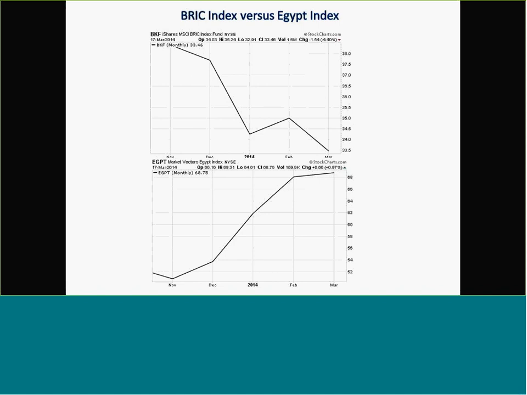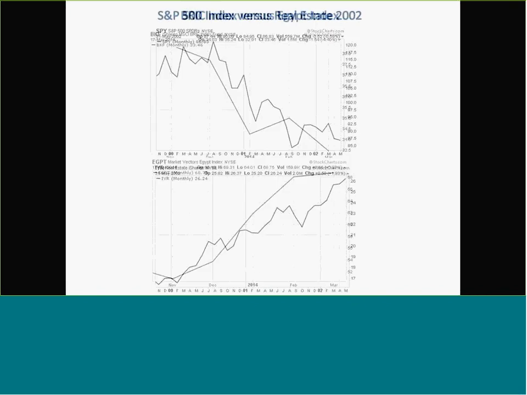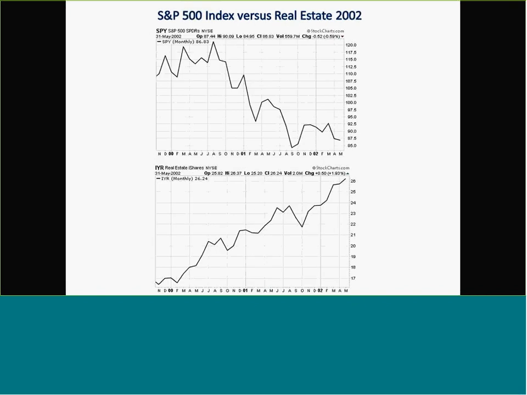The BRIC ETF versus Egypt. And this is during the 2001-2002 bear market, and you can see that the S&P 500 obviously is in a bear market, and at the same time the real estate iShares are in a bull market.